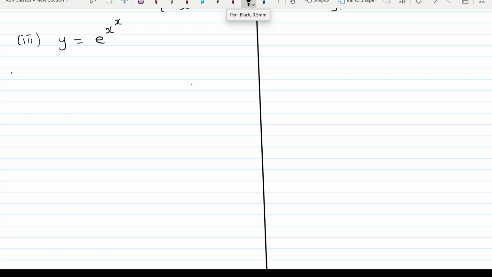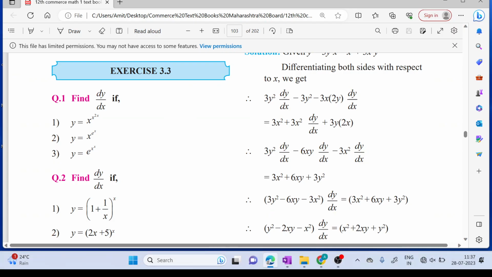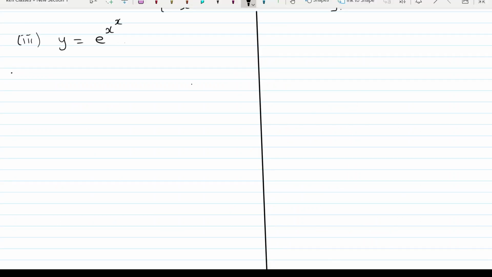No, I took the third one, which is e raised to x raised to x. We'll do the second one later. I thought we finished the problem itself because of method 2. So this is in the form e raised to f of x.